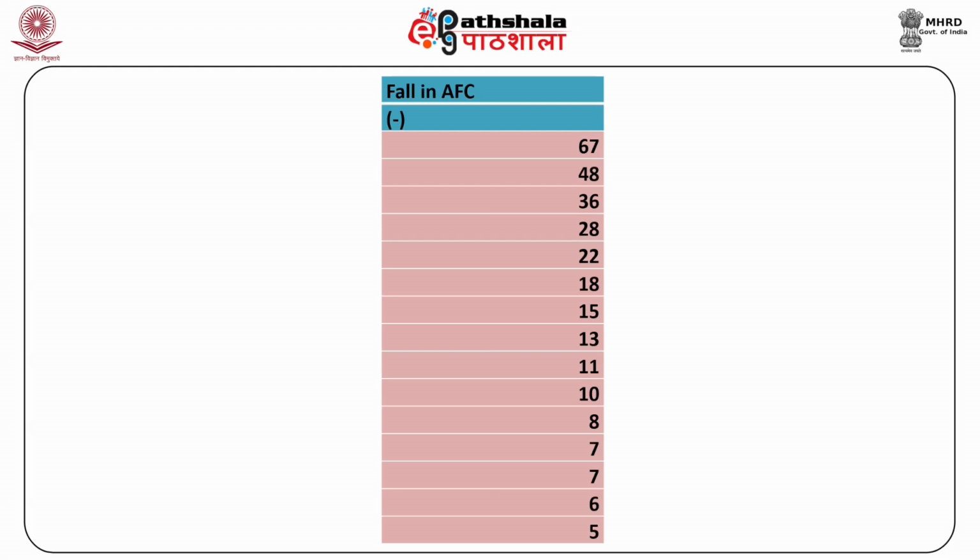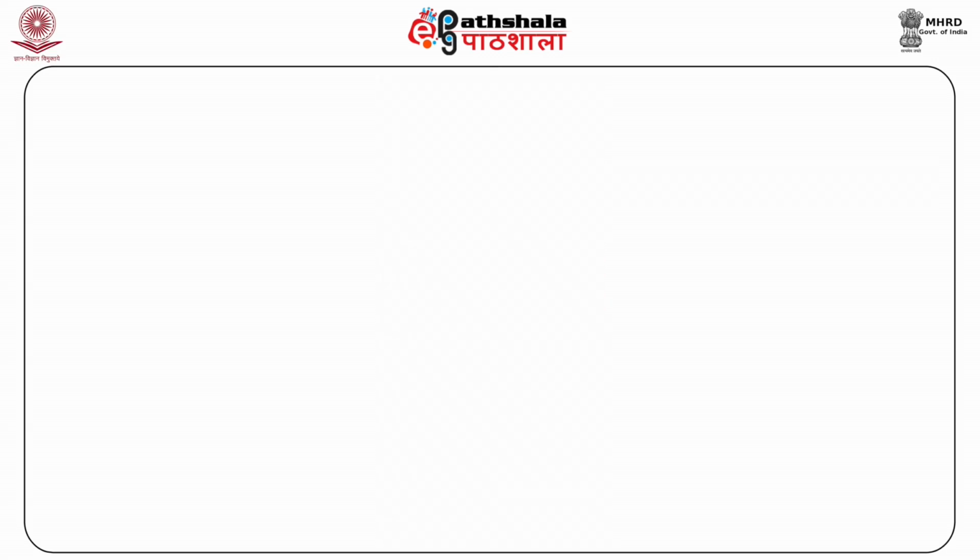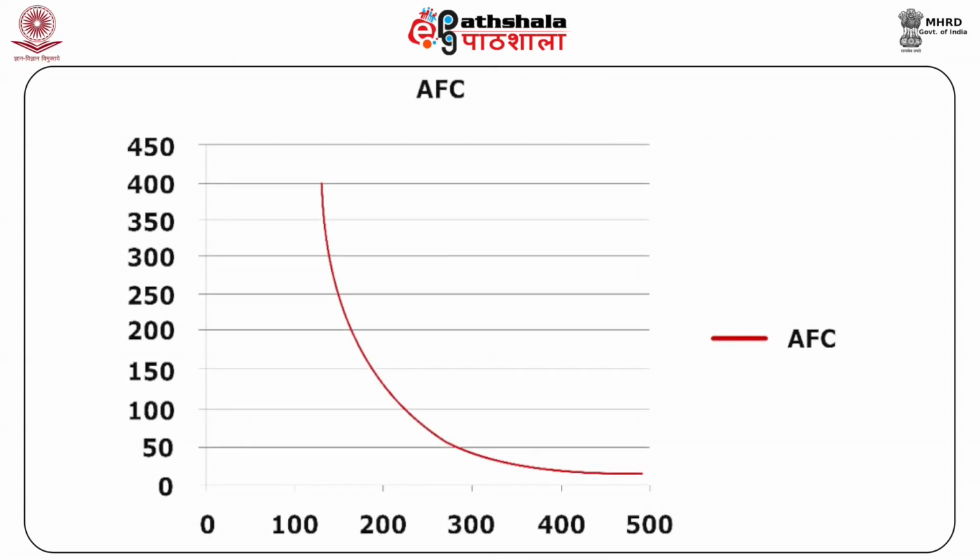We notice two things over here: the fall in average fixed cost is going down, and at one point there is a number which is being repeated, 7, 7. Now this is known as the point of inflection. The fall in the average fixed cost shows that a rectangular hyperbola has a certain property.